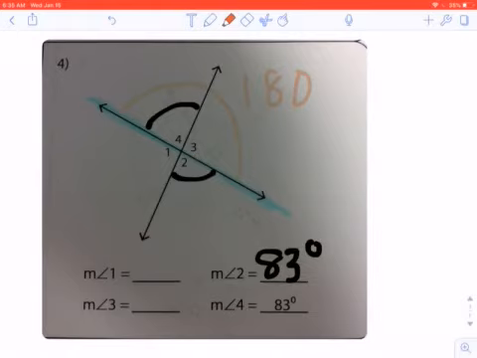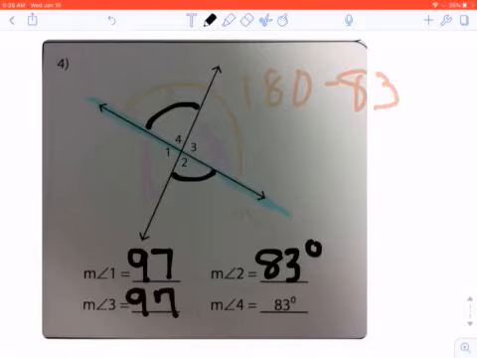So if we know 4, and 4 is 83, we can find the other one by subtracting. 180 minus 83 gives me 97 degrees. So that makes angle number 3 97 degrees. So if 3 is 97 and 1 is vertical to 3, so let's show this. Let's pick a different color. Angle 3 and angle 1 are vertical. So angle 1 is also going to be 97 degrees.